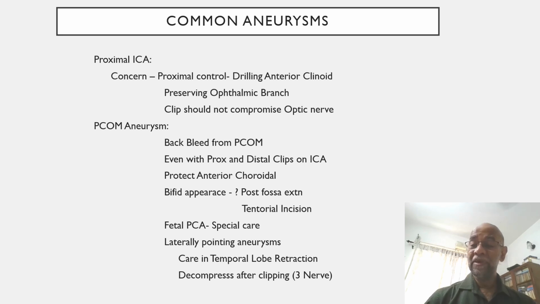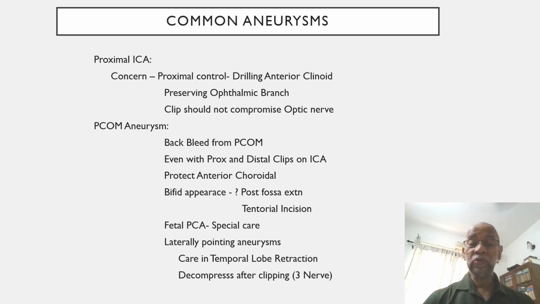And if an aneurysm is not controlled by a proximal clip and the aneurysm bleeds during surgery, you can have a disaster. So in these cases, the anterior clinoid is often drilled so that you get a segment of ICA proximal to the aneurysm where a clip can be applied.